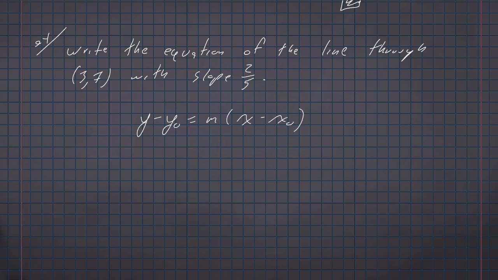And we know that we have a point here, which gives us the value of x naught and y naught. We have the slope given, that's the value of m. All we have to do is substitute these things in. So y minus 7 is 2/5 times the quantity x minus 3.